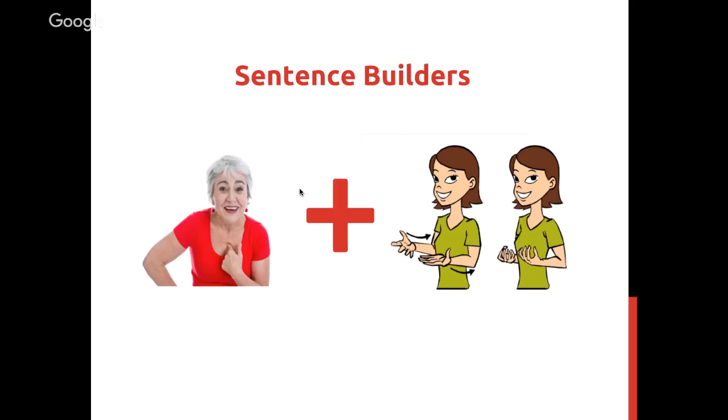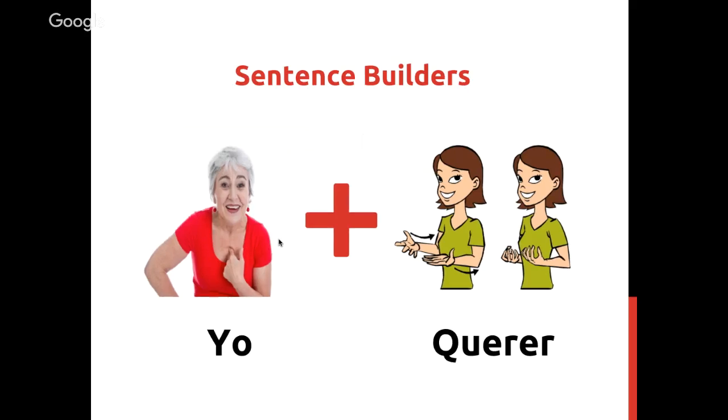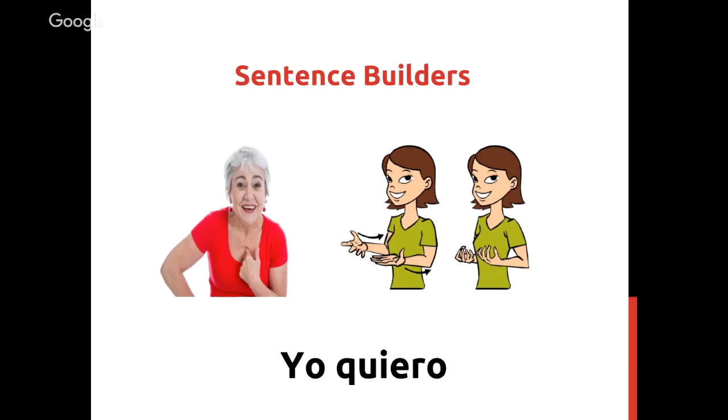Yo. And to want was querer. It's not yo querer. You actually have to conjugate the verb. So in Spanish, it becomes yo quiero. Okay, I want, yo quiero.